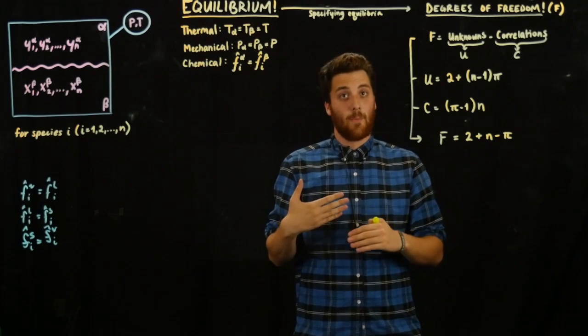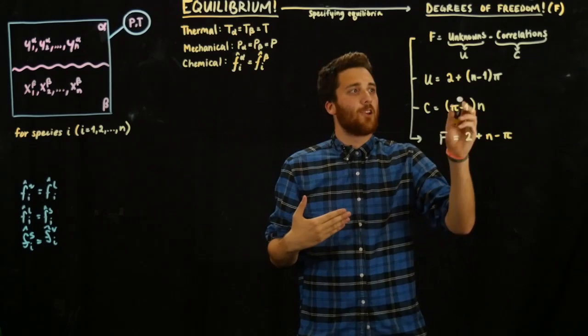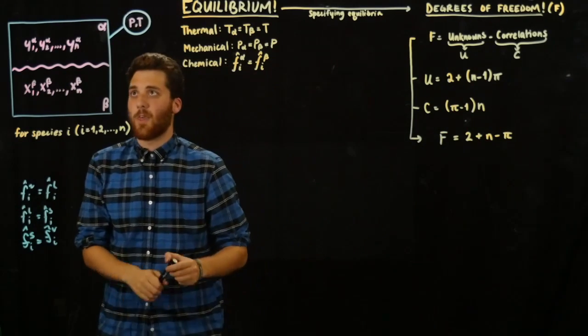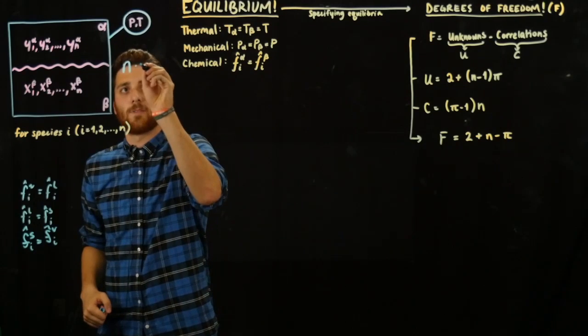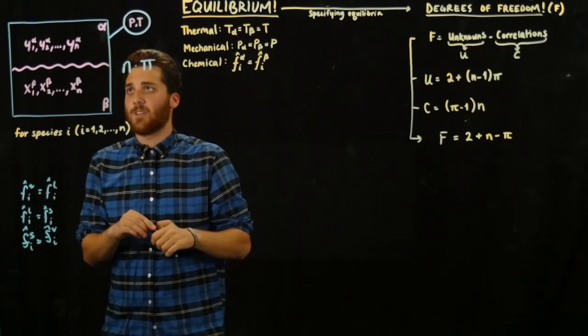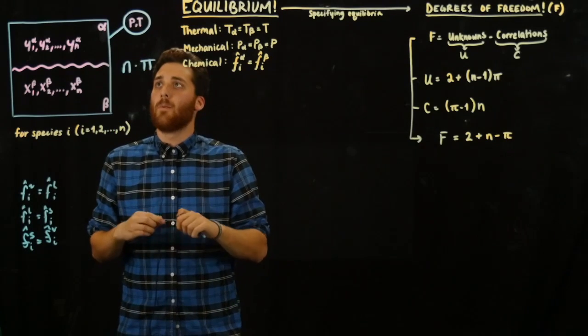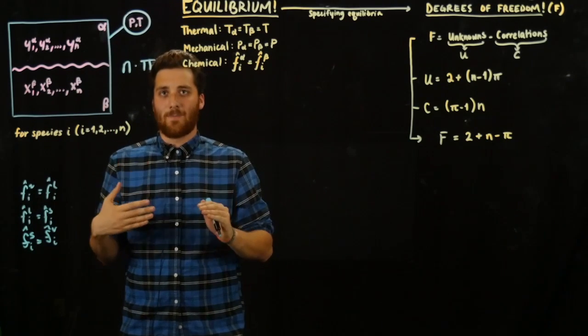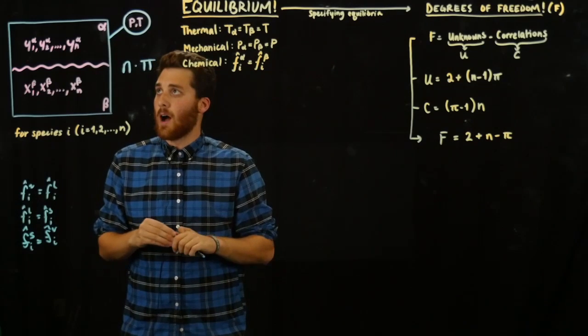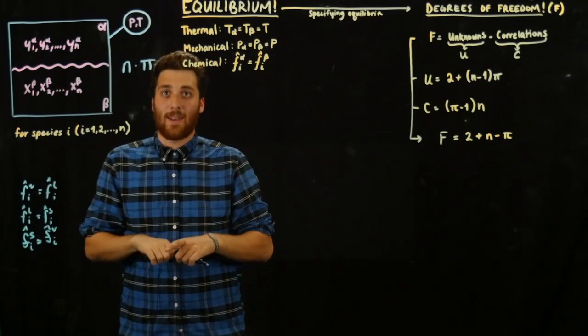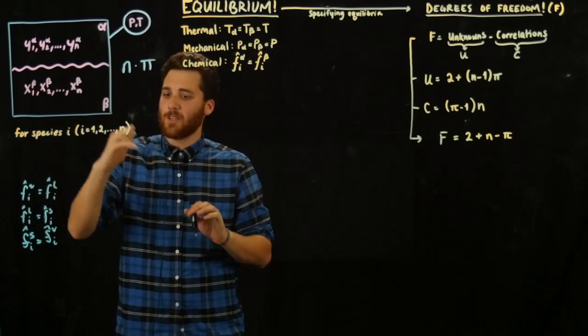The other really important intensive property here is our compositions within those phases. Upon first glance, it might look like there are n times pi different compositions here, where pi is the number of phases, in this case 2. But we're looking at what is independently defined by this system. So our nth term within each phase is dependently specified by all the other compositions.